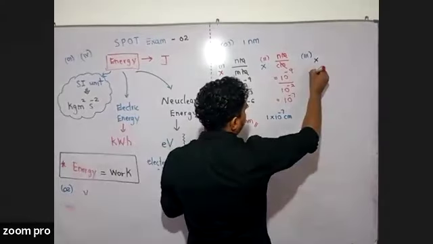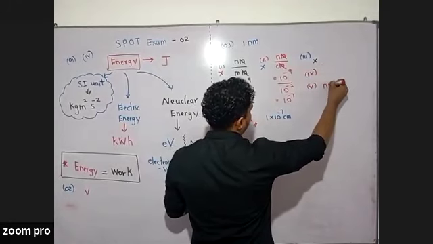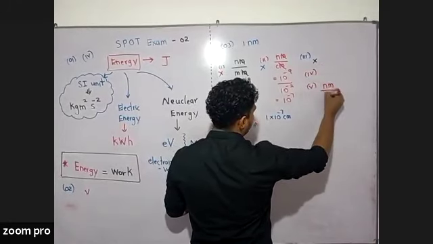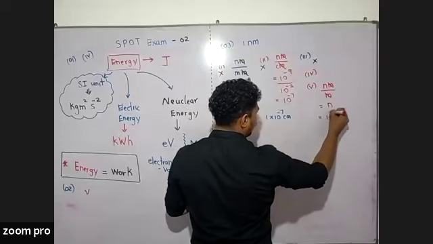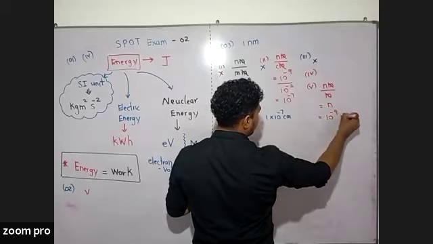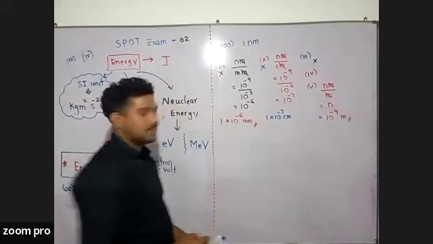Okay, the fourth one is also incorrect. And in the fifth one, you have to convert nanometer into meters. So in order to obtain the meter value, you have to multiply by 10 to the power minus 9.